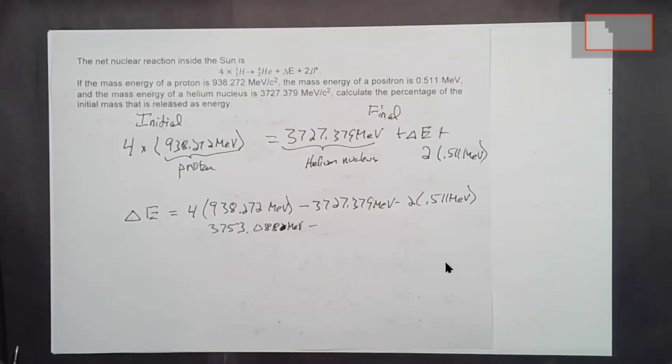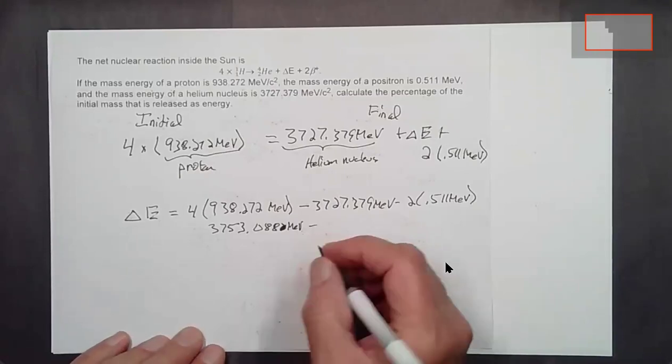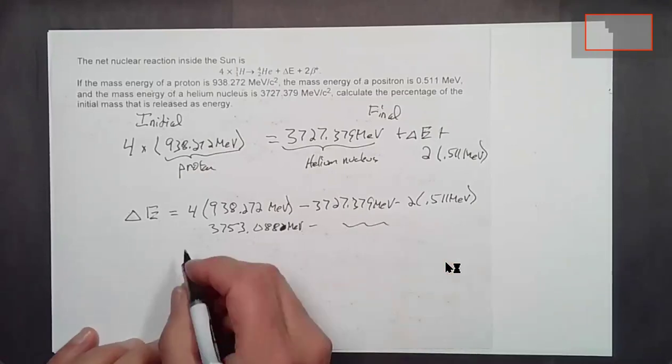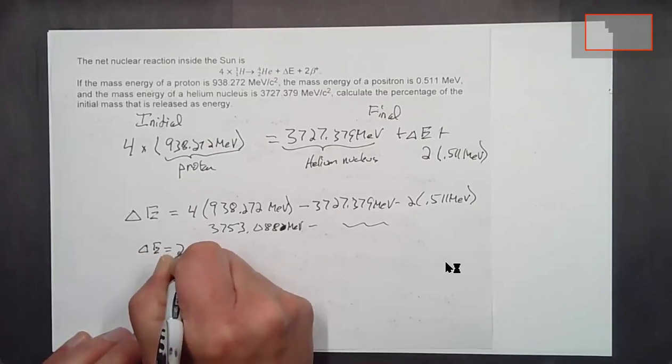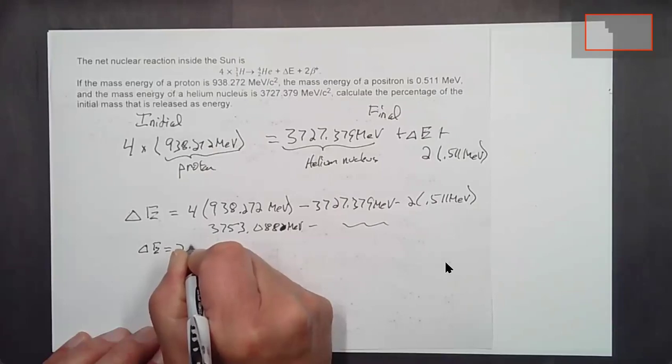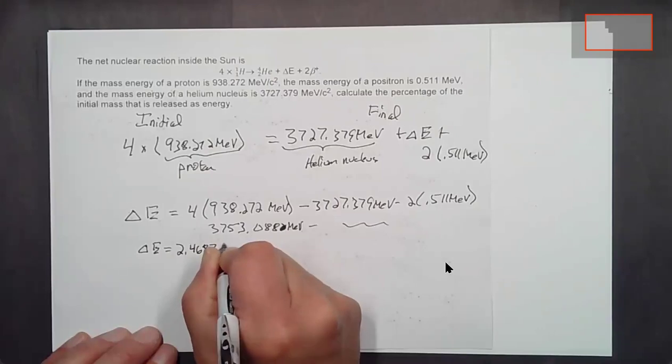So minus 37.379 minus 2 times 0.5. And I actually get, anyway, the delta E ends up being 2.4687 MeV.